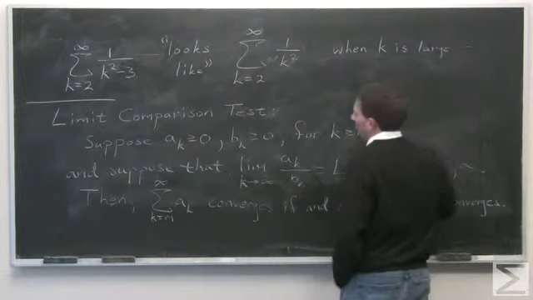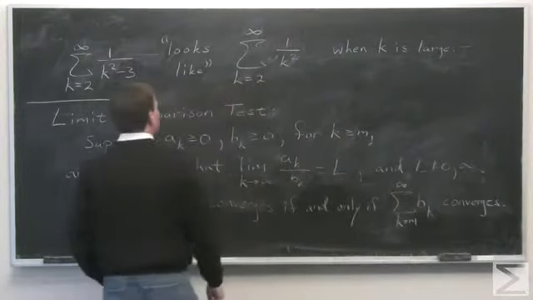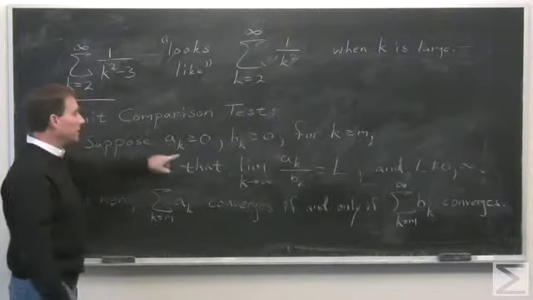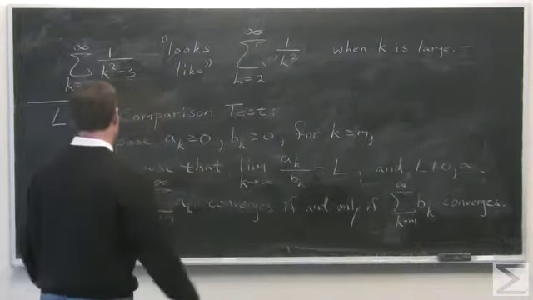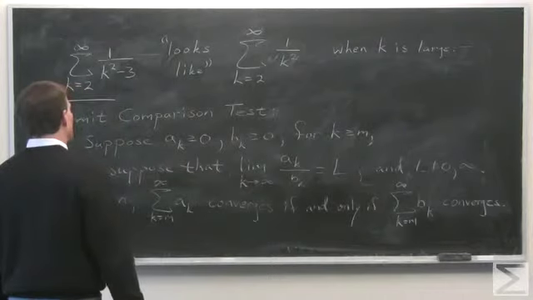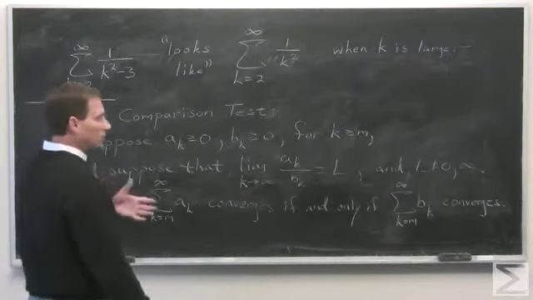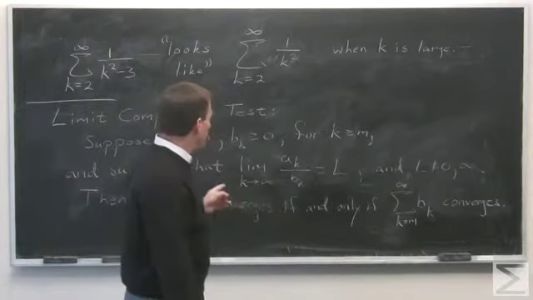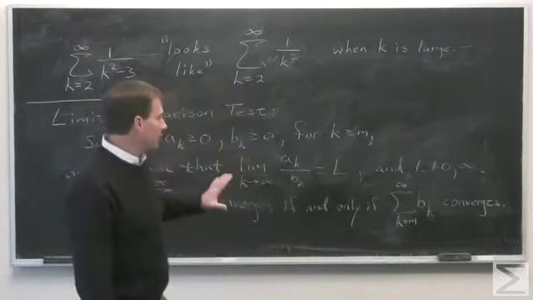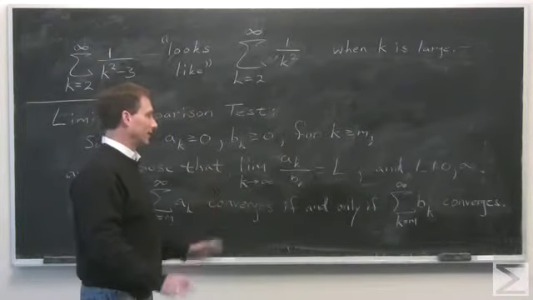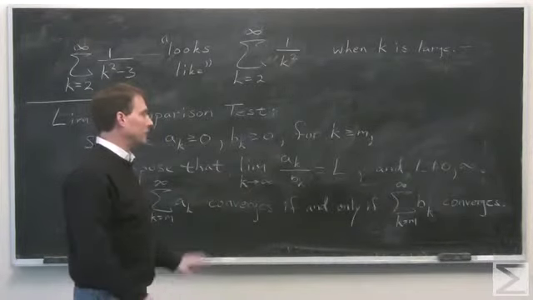Now, what does looks like need to mean? It needs to mean the limit of the ratios exists and is something other than 0 or infinity. In fact, if looks like is correct, the L that you expect to get here is always 1. The theorem tells you that if it comes out to be anything other than 0 or infinity, you can use this test.